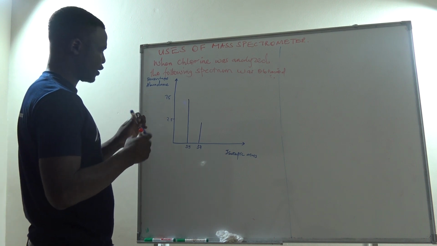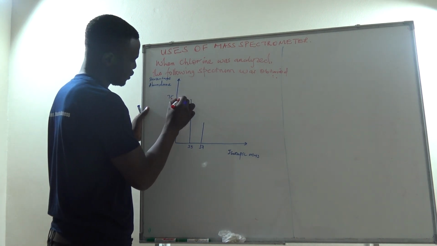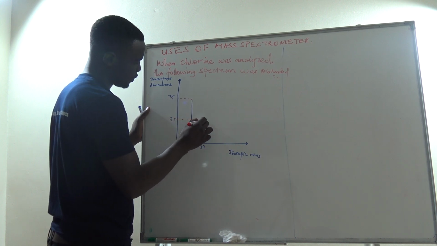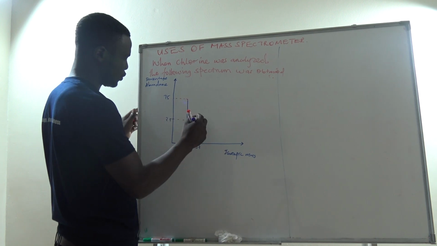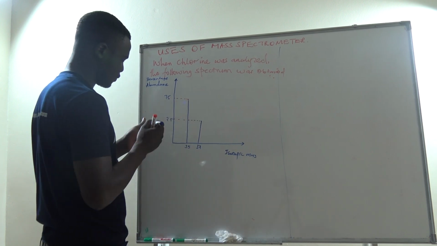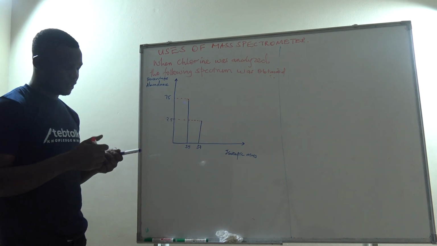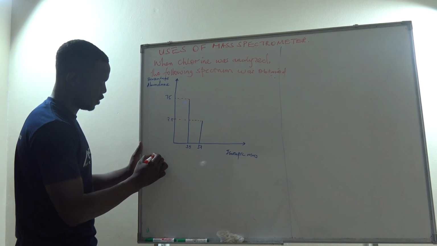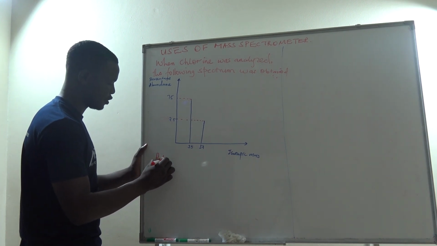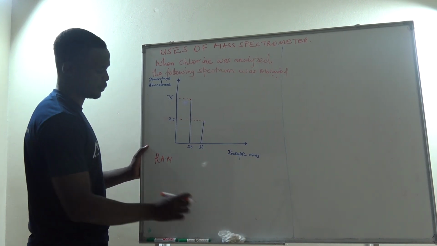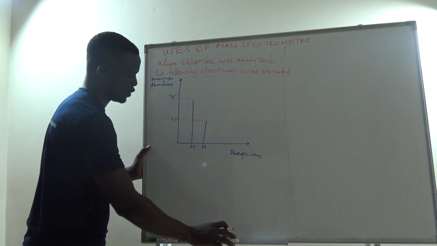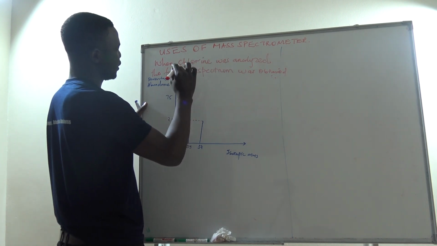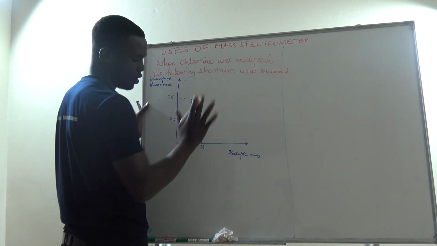Now, we must make sure that these peaks correspond to the percentage abundances that we talked about. So the question is, when chlorine was analyzed, the following spectrum was obtained.